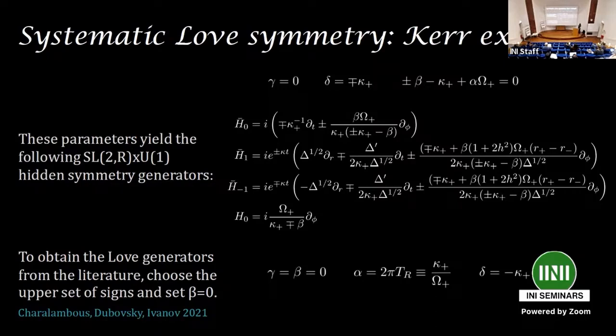So these are the generators that you get in general. But if you set beta equal to 0 along with gamma, then what you find is that alpha has the same pleasing shape as before. I like setting beta equal to 0 because it's related to 2 pi times the temperature, and then this fixes delta to be this.